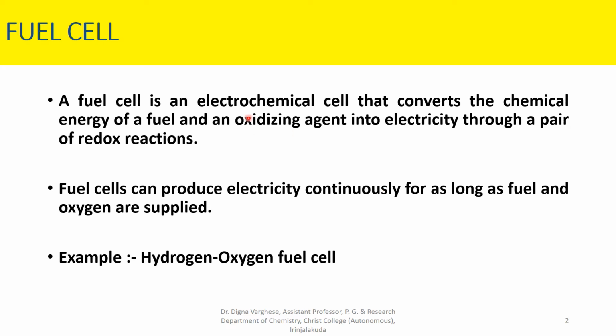Here, a fuel cell is an electrochemical cell that converts the chemical energy of a fuel, here meaning hydrogen, and an oxidizing agent, that is oxygen, into electricity through a pair of redox reactions.